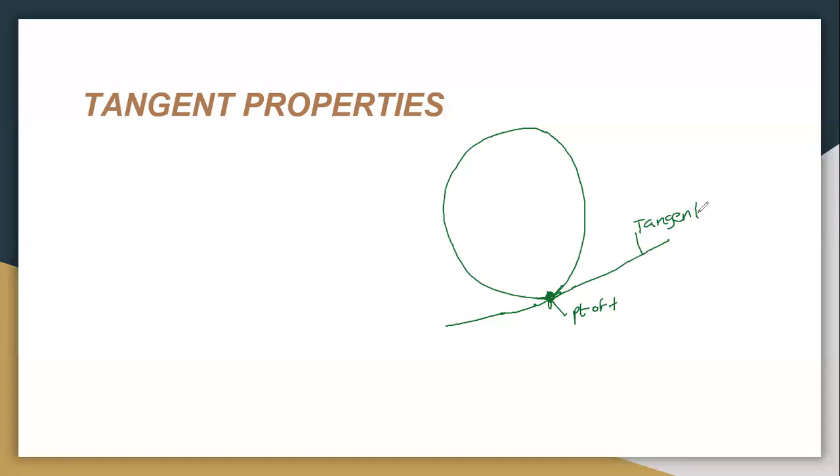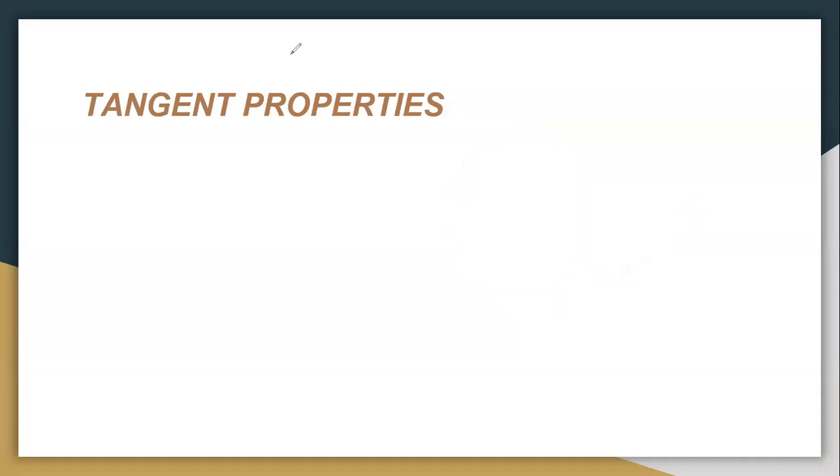So a tangent is that line. Then the point where the circle meets the line is what we call the point of tangency. Whenever a tangent meets the circle, there are some properties that are always displayed, and that's what we are going to look at in this particular topic.